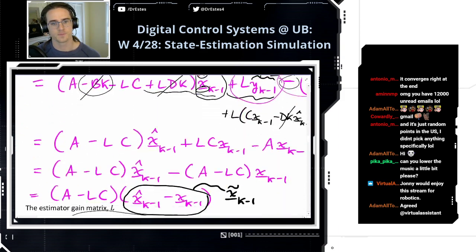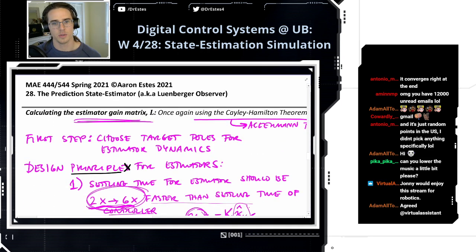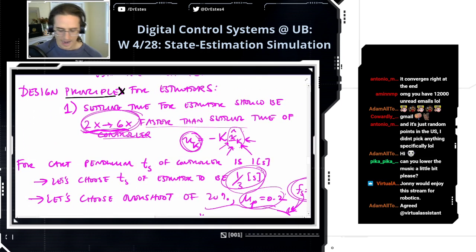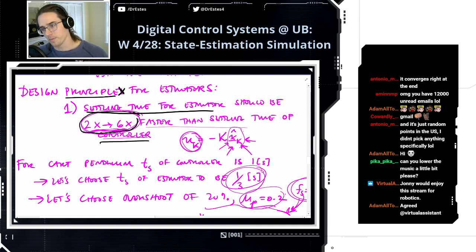Let's go down a little bit. How fast do you want your estimated states to converge to the true states? Well, there's at least one rule of thumb. The settling time for your estimator should be 2 to 6 times faster than the settling time of your controller.